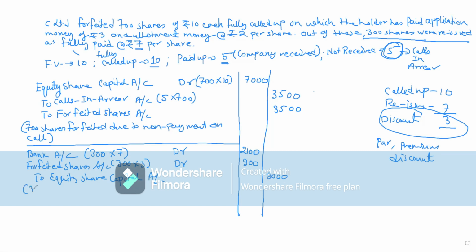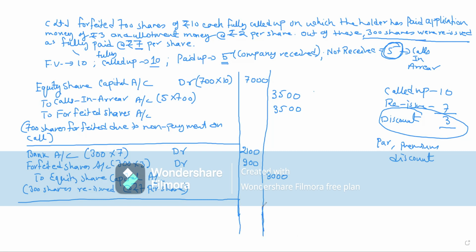Narration: 300 shares reissued at rupees 7 per share. After reissuing them at 7 per share, what is the next step? Transfer to capital reserve. Class, rest of you, are you all understanding?